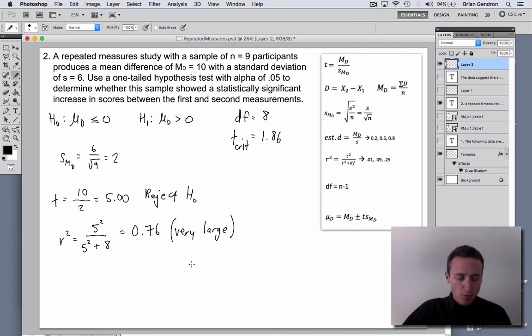And while we're at it, let's just calculate a 95% confidence interval. So the average sample difference, mean difference was 10, plus and minus your critical value of t times your estimated standard error.